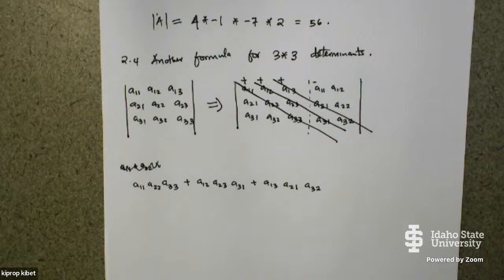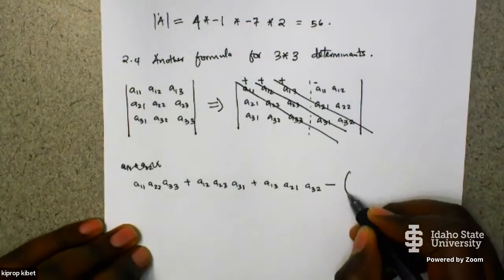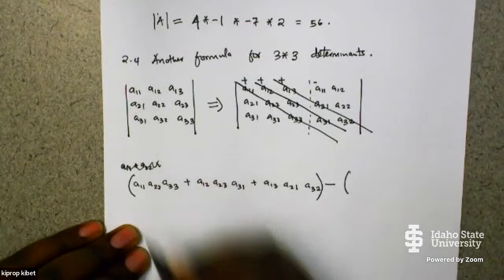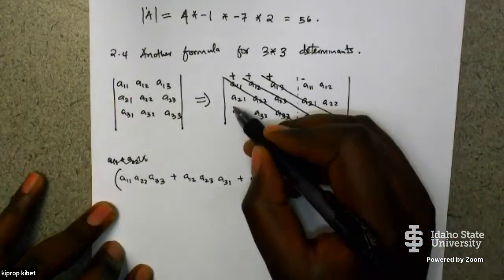So we multiply this, that, and then you now minus.